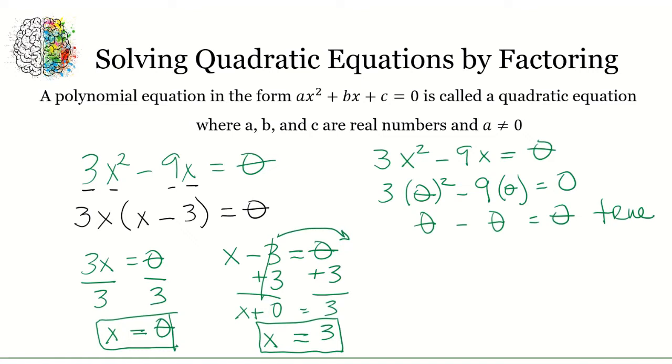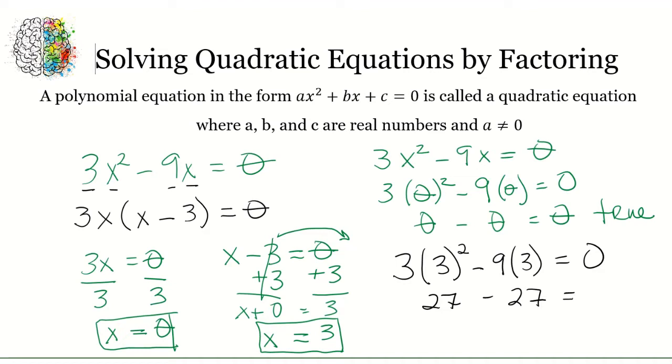I'm going to take my same original equation, and this time anywhere I have an x, I'm going to replace that with a 3. And I'm going to see if I also get a true statement. 3 squared is 9. 9 times 3 is 27. 9 times 3 is 27 equals 0.